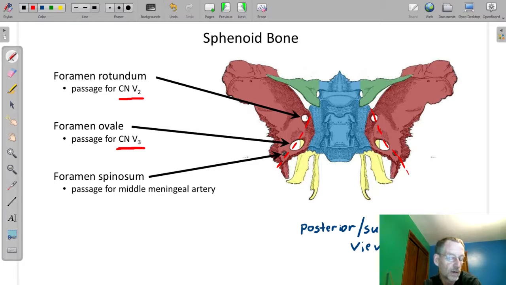So now you know how all three branches of the fifth cranial nerve exit the cranium. V1 exited through what? Right, the superior orbital fissure. V2 through foramen rotundum, V3 through foramen ovale. But you will work on that repeatedly.